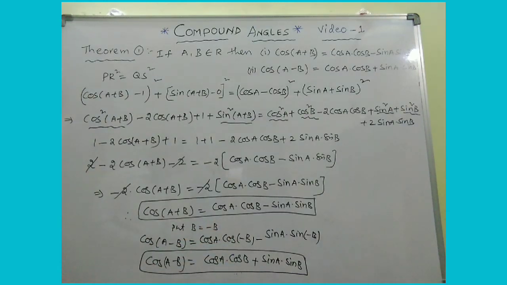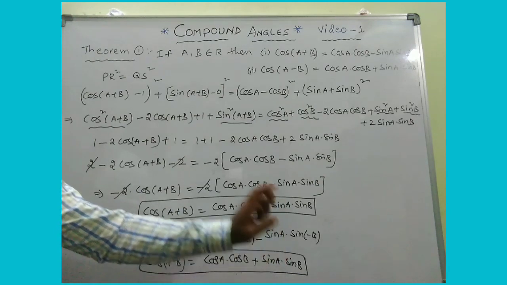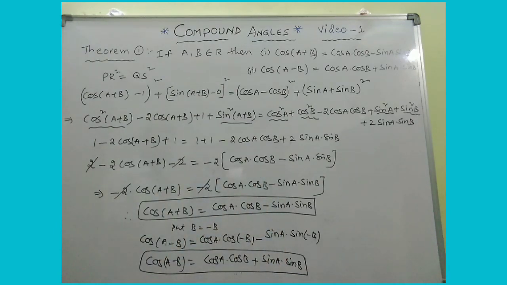Now can you tell me the formulas of cos of a plus b and cos of a minus b? The formula of cos of a plus b is cos A into cos B minus sin A into sin B, and cos of A minus B is cos A into cos B plus sin A into sin B. You need to observe, just remember 2 points.